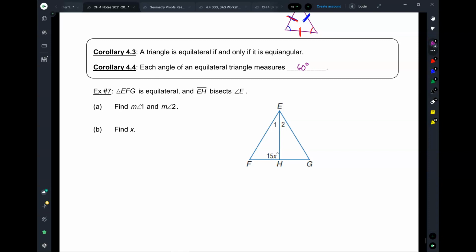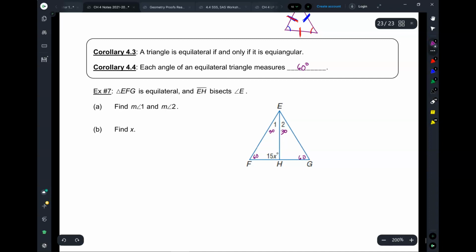Triangle EFG. I'm yelling because it's so exciting. Triangle EFG is equilateral, and EH bisects angle E. Equilateral means 60, 60, 60, and if that bisects, each one is 30, 30.